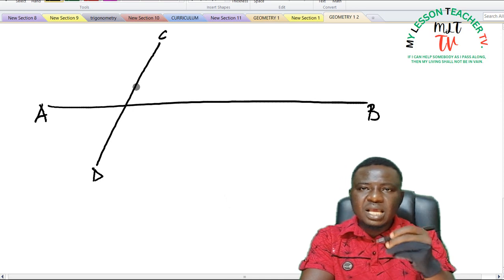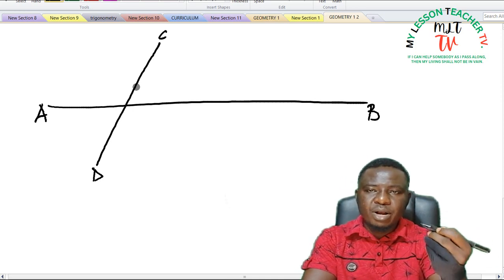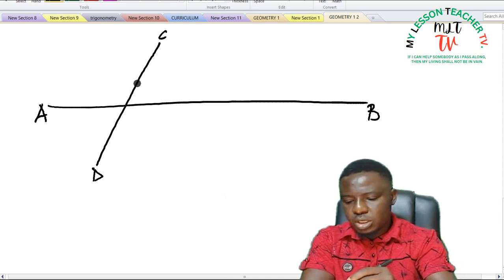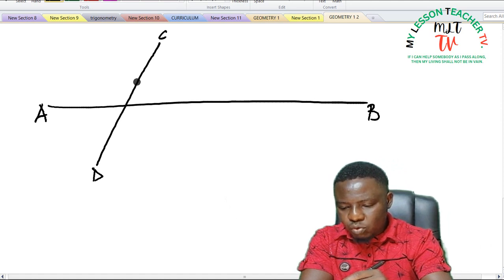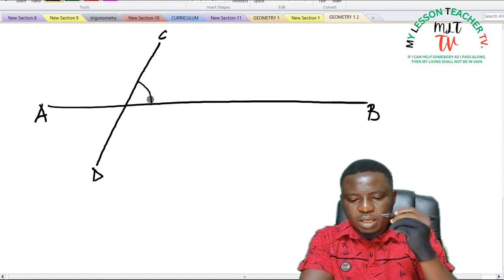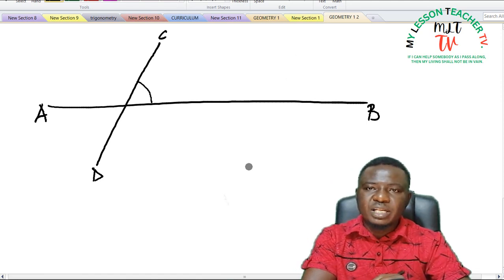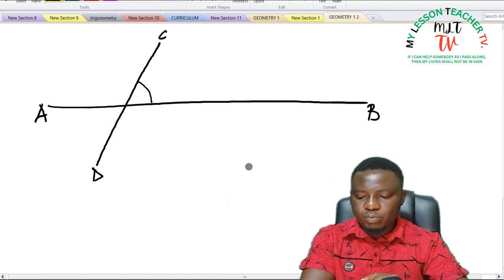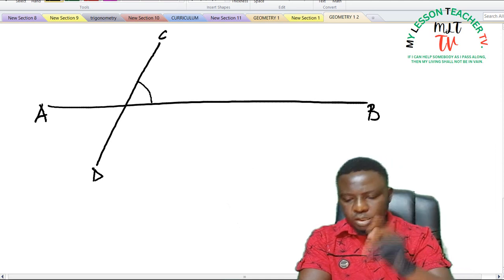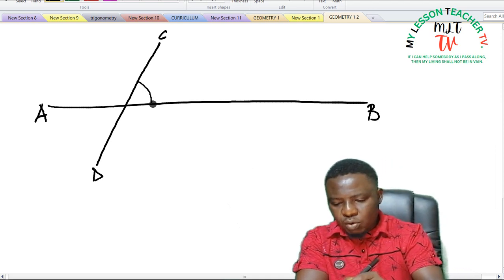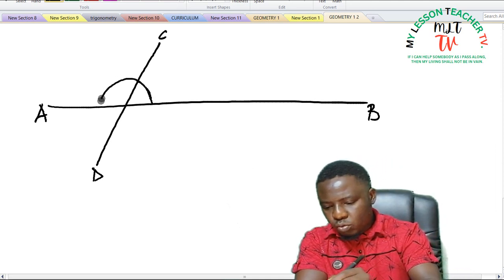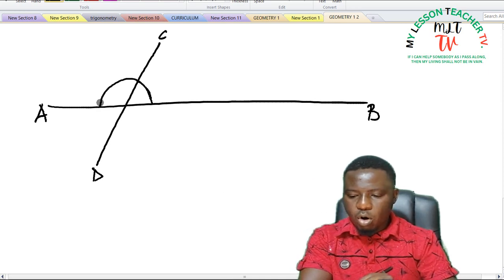Remember, I said the angles between two parallel lines are equal. So I'm going to copy this angle. The angle I'll copy here will be equal to the angle of the next parallel line. So how do I copy this angle? With your protractor, I'm going to draw a semicircle on this line CD.